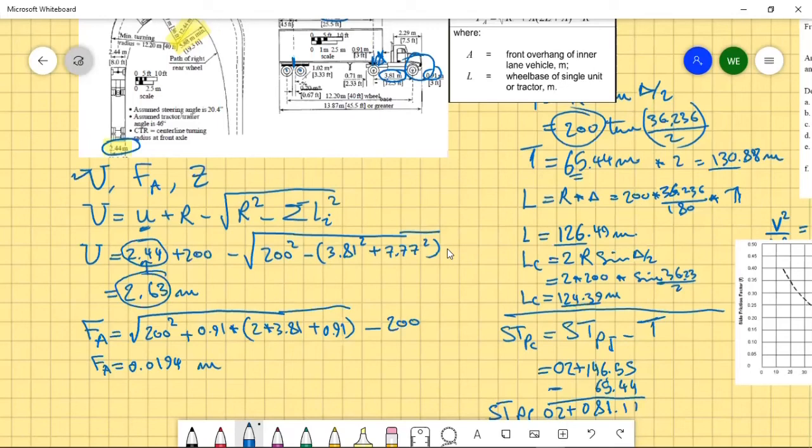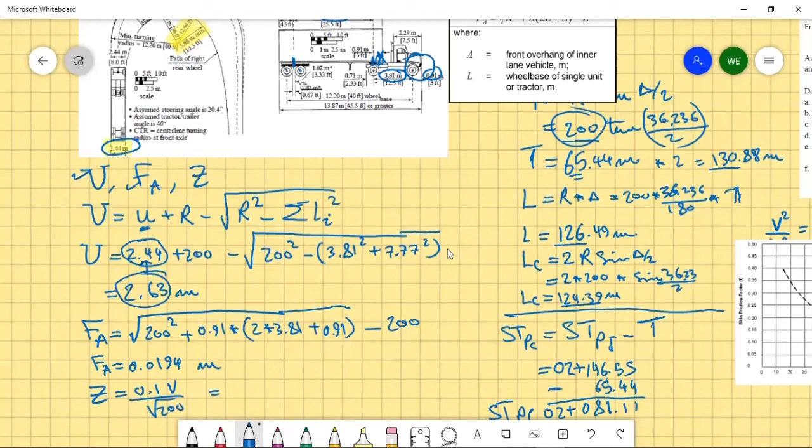Of course, with the 200-meter radius, you will not see this pronounced width or dimensions. So what about the z? So now we are done with this. Z equals 0.1 v over square root of 200.